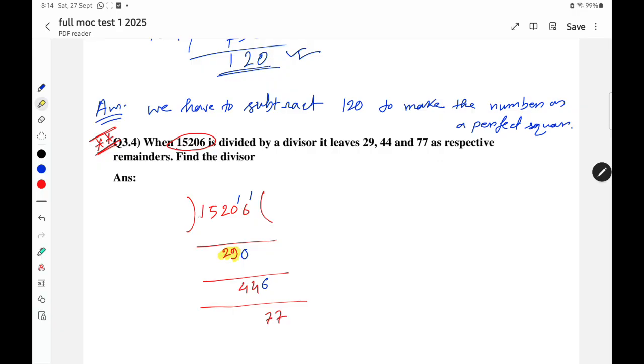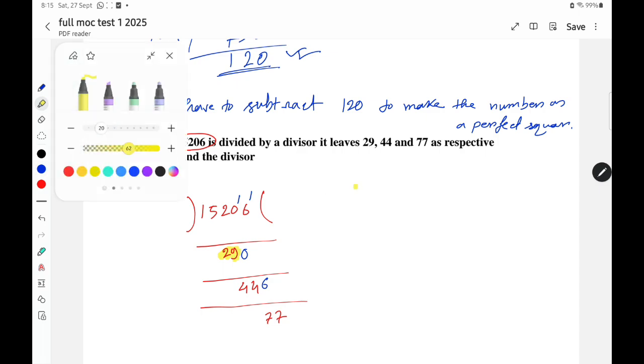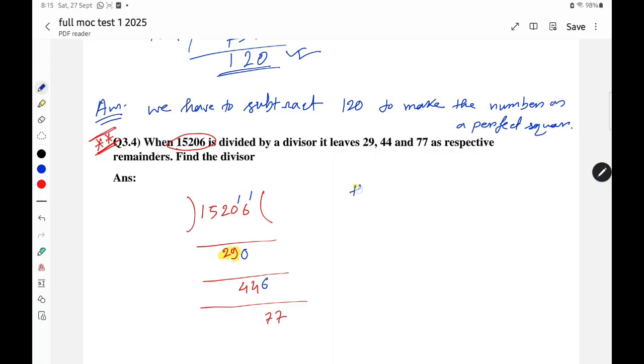So the 29 gets from 152. From 152 I subtract something, we get 29.